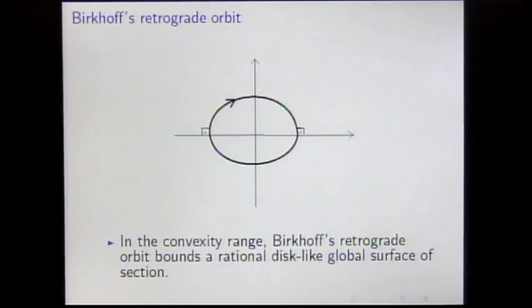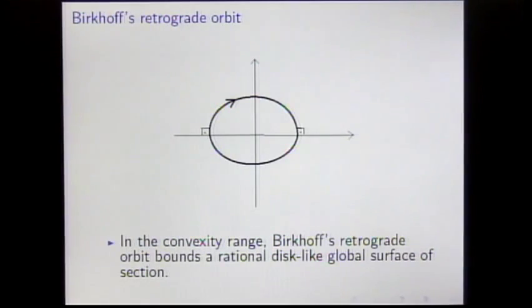Okay, then I will just try to draw the picture here to remind that Urs just raised a question during his talk about the retrograde orbit of Birkhoff, whether it is the boundary of a disk-like global surface of section.